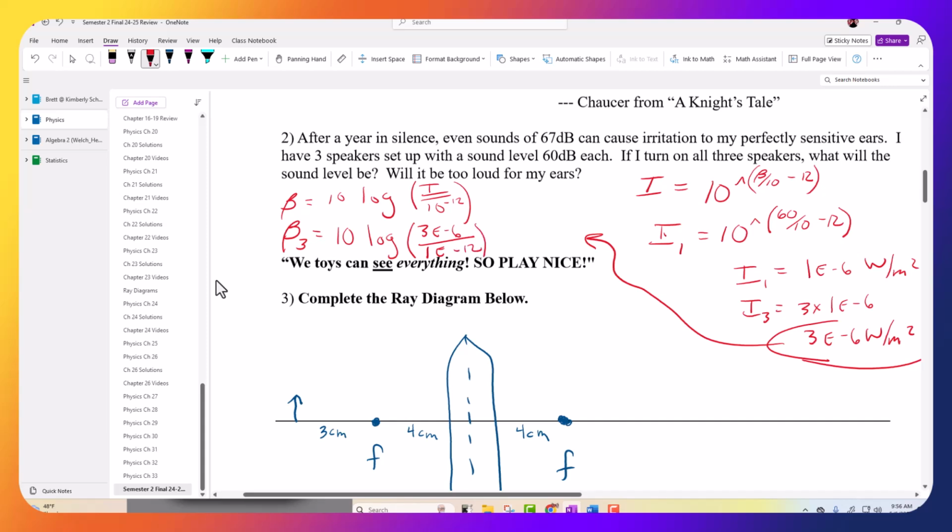Or you can use the exponent and do 10 raised to the negative 12. Don't put 10 e negative 12 because it's 1 times 10 to the negative 12. So be careful with the way you put that in.